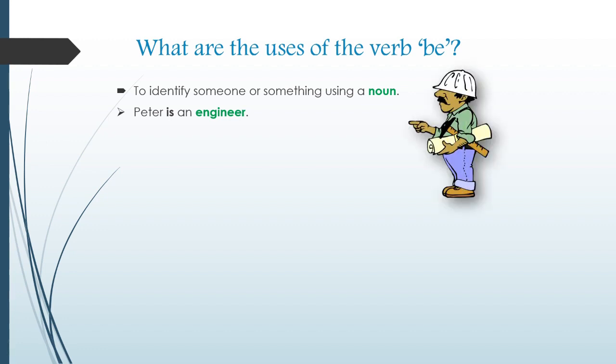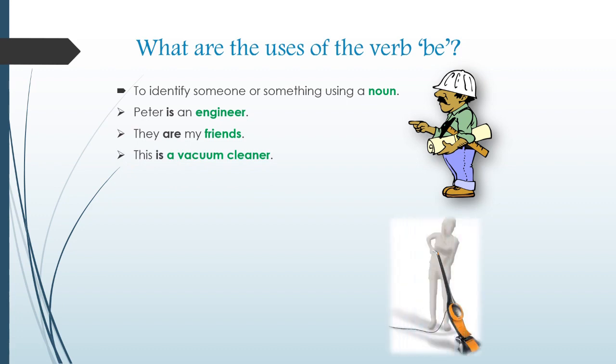Peter is an engineer. Another example, they are my friends. Who are they? They are my friends. So I'm telling people, who are those people standing over there? They are my friends. Another example, this is a vacuum cleaner. Also, we can use it to identify things.